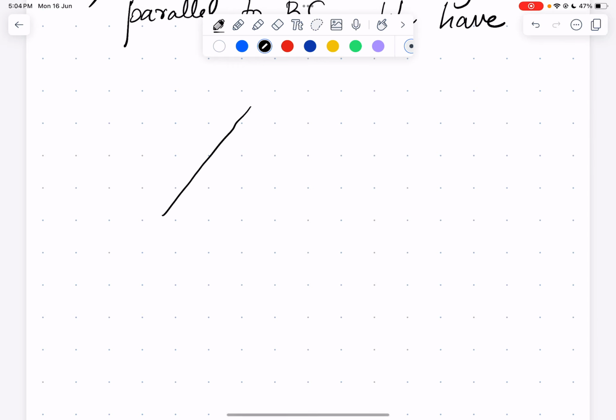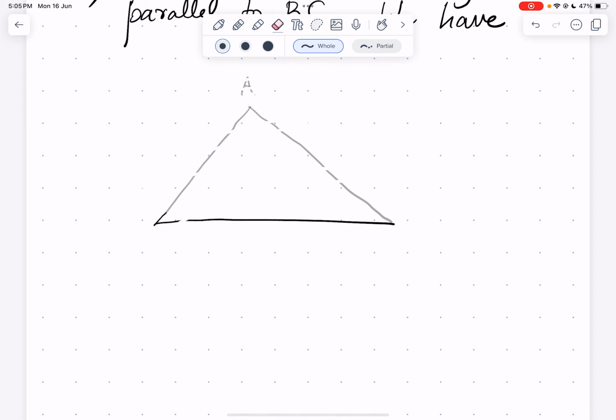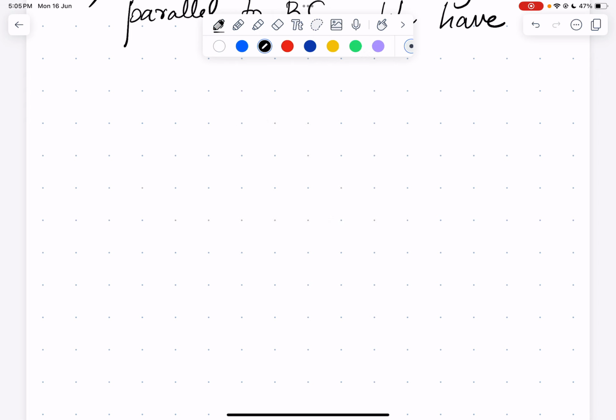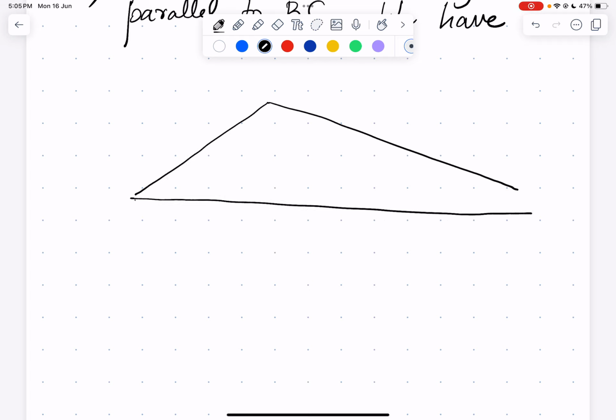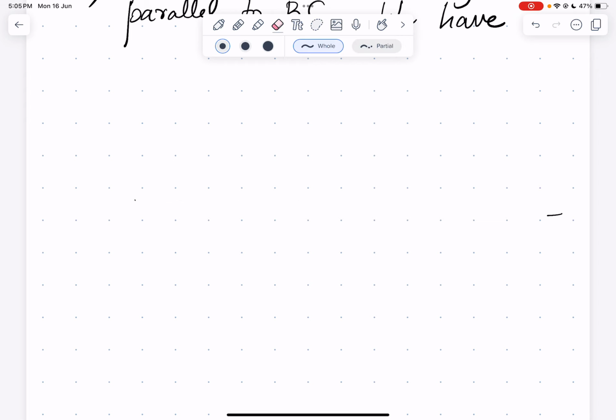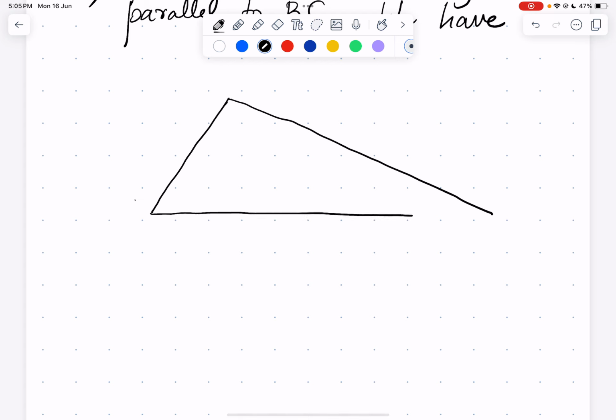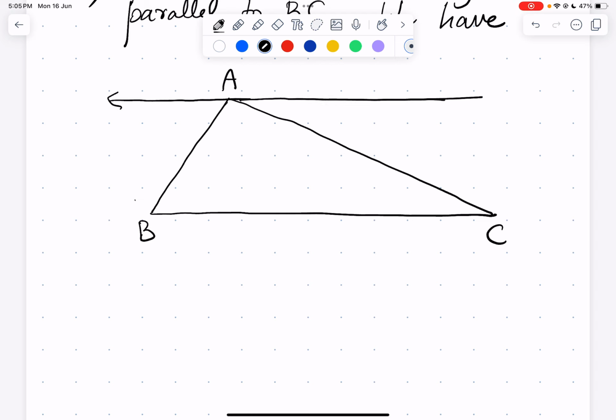So you have this generic triangle, and we are constructing a line through A parallel to BC. Now we see some relations.